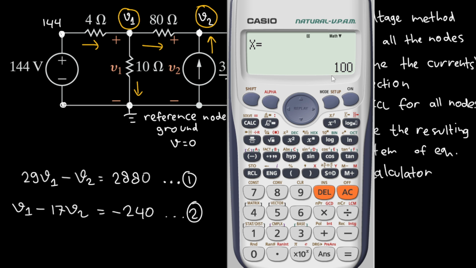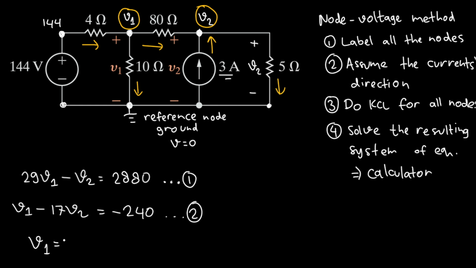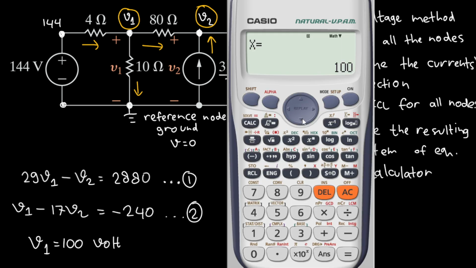Good. So we will have the x value, or in this case our V1. So our V1 there is 100 volt. So let's write that. We will have V1 is equal to 100 volt. And then what is V2? V2 is 20 volt.